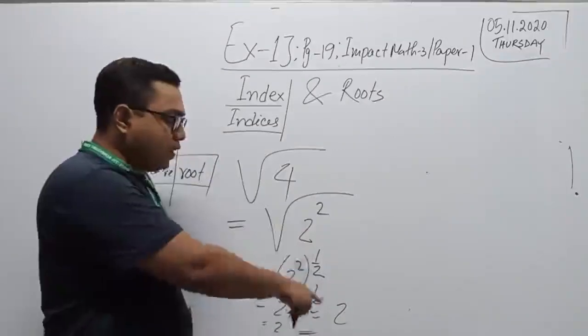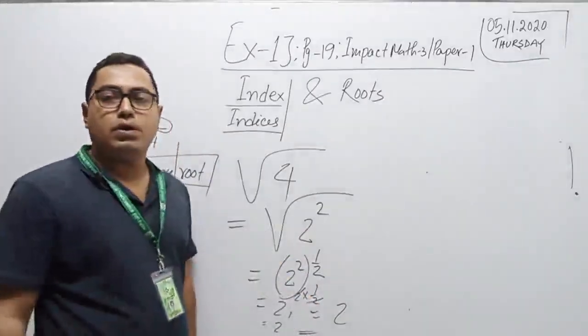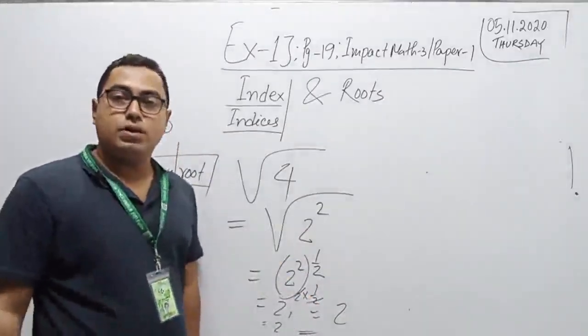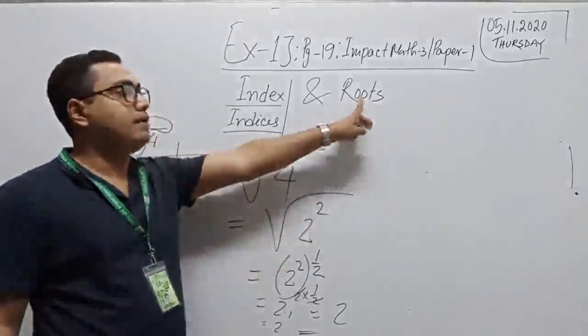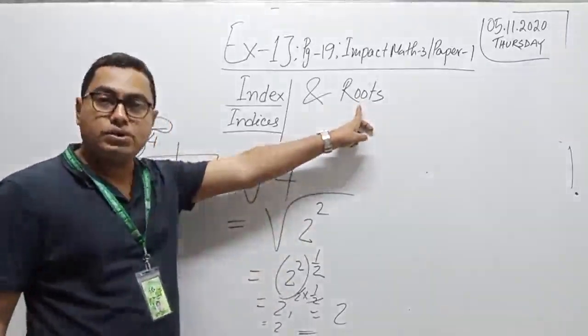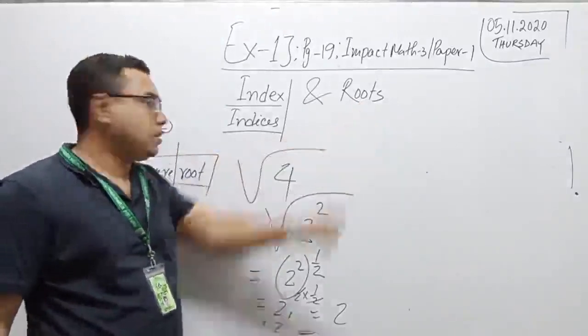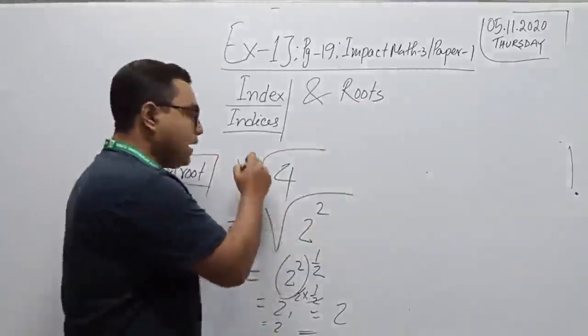So square root of 4 is 2. But here we have one word, roots. Here it is the square root.